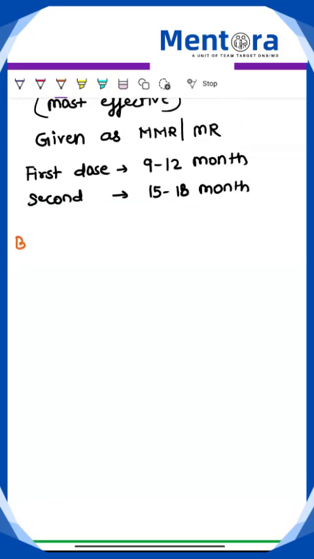This is universal immunization. And then there is preconception immunization.